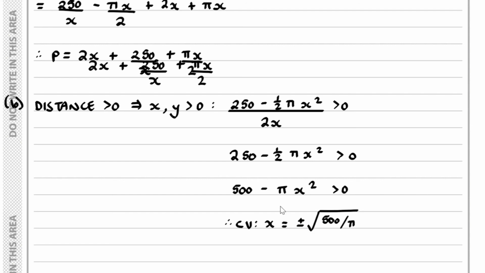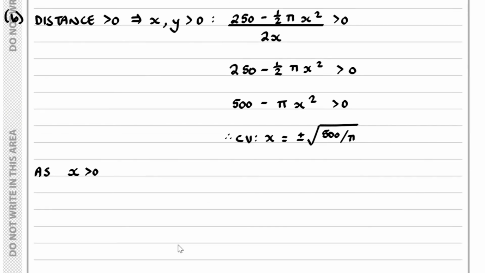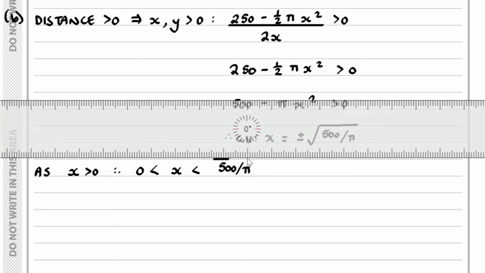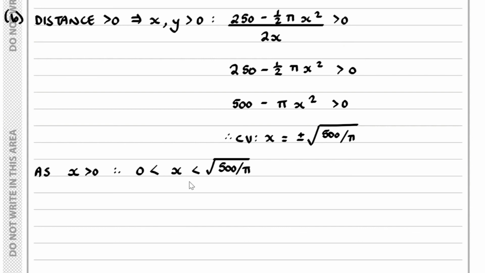And because we know x is greater than 0, we can conclude 0 is less than x, which is less than the square root of 500 over pi. We take the positive version because distance is positive.